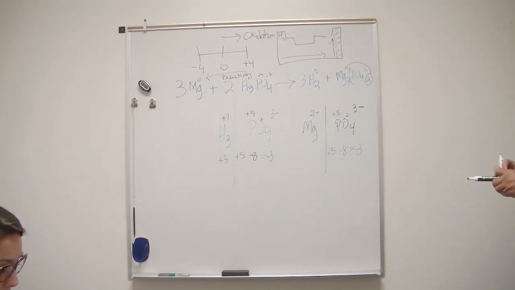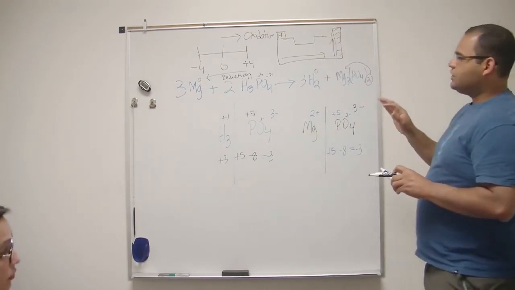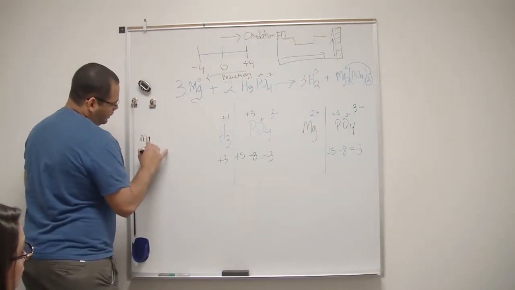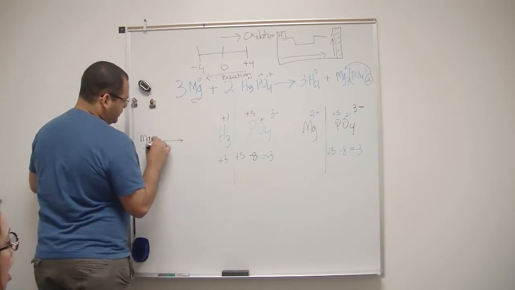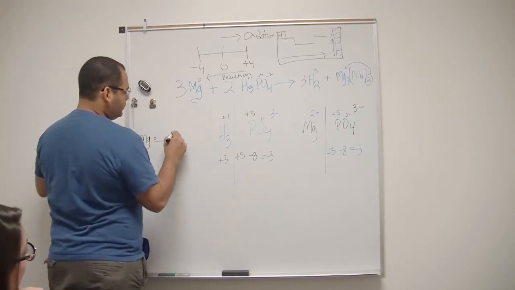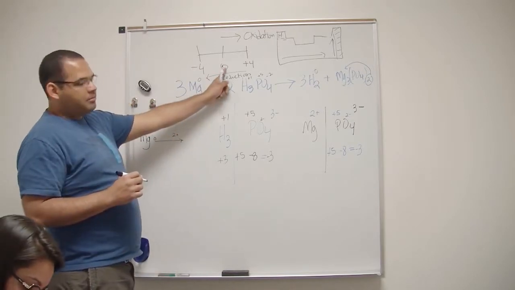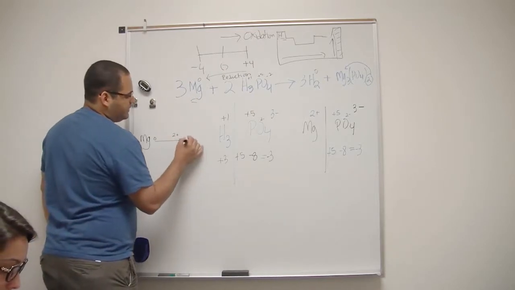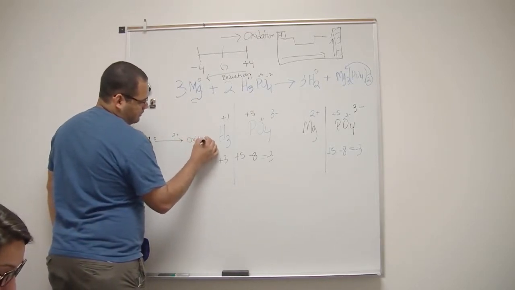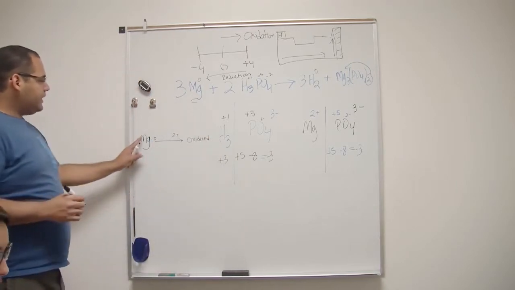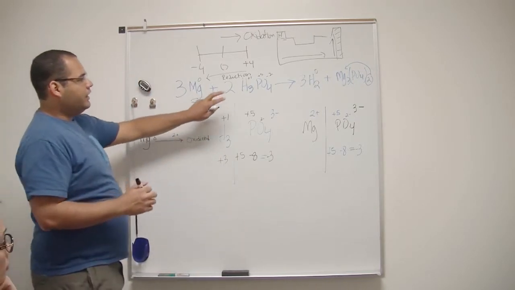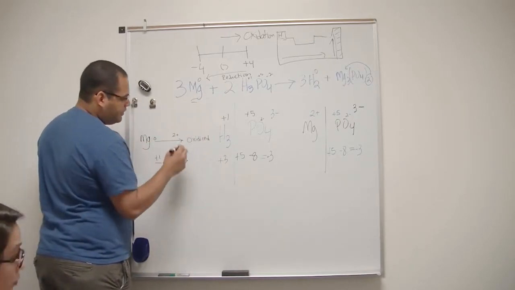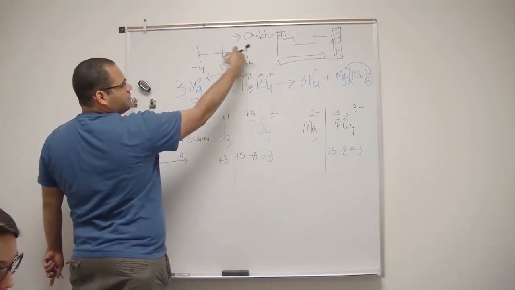Now that I have all the numbers, I start by looking at this guy, Mg. It went from a 0 to a 2 plus, a small number to a big one. What happened there? It oxidized. Then I look at hydrogen, which went from a +1 to a 0, a bigger number to a small one.